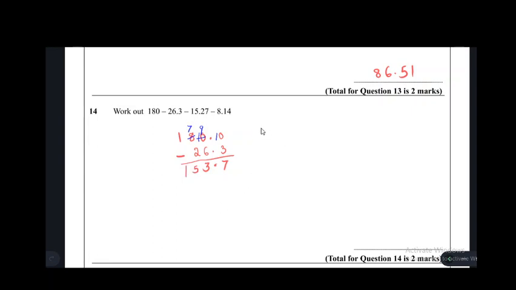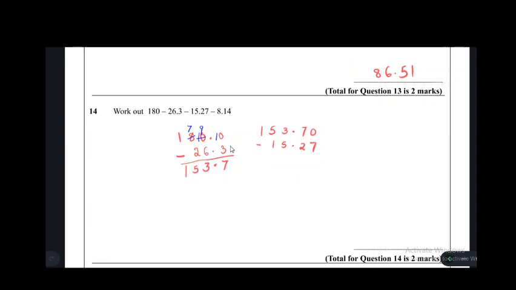And then I rewrite 153.7, my people. And then I'm taking away 15.27. Alright, so this one is like having a 0 right there, and then when I subtract, my goodness, these lines though.